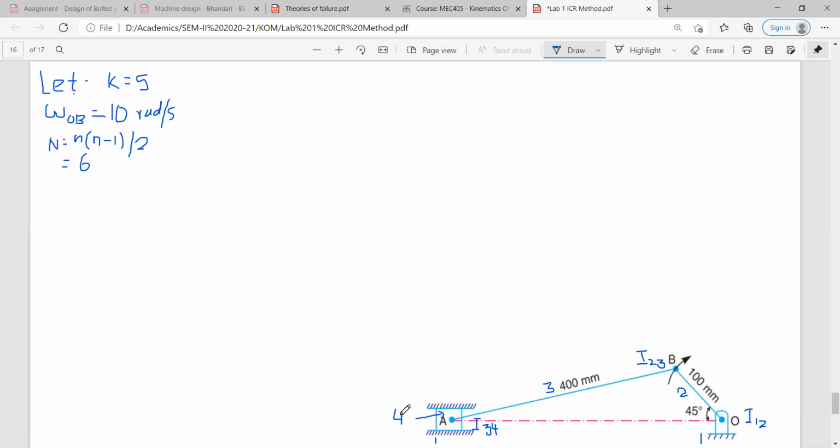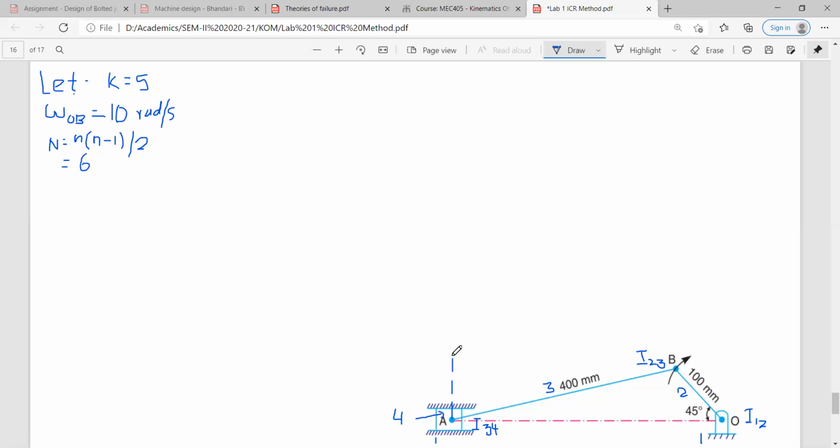Okay. So you know that if a point slides in a linear path, even then we can consider the motion of point A as rotational motion. We can consider that point A or link 4 is rotating with respect to link 1. And where will be the ICR of such a pair? The ICR will lie at infinity.